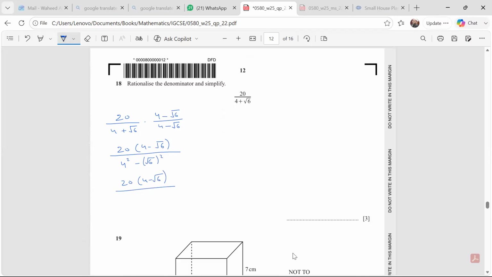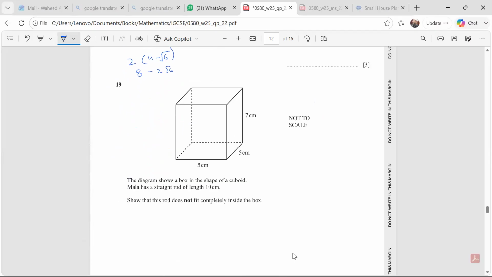What is the denominator? 4 squared is 16 minus root 6 squared is 6. So it becomes 10. So divide by 10, 10 cancels, and I will have only 2 times 4 minus root 6. You can leave it this way, or you can multiply inside as 8 minus 2 root 6. So this is the final answer.